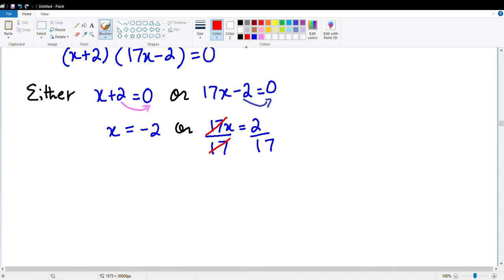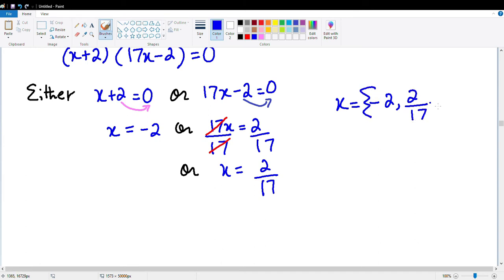Divide by 17 on both sides, and we'll get x equals 2 over 17. So now the values of x are going to be x equals minus 2 or 2 over 17. And yeah, that's the result.